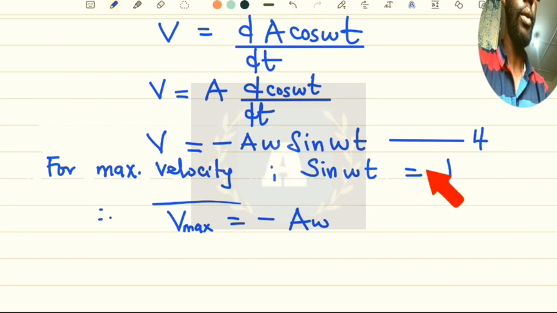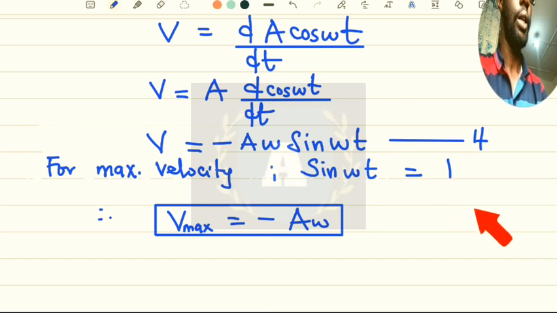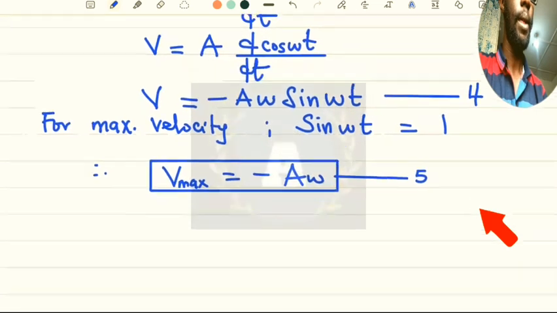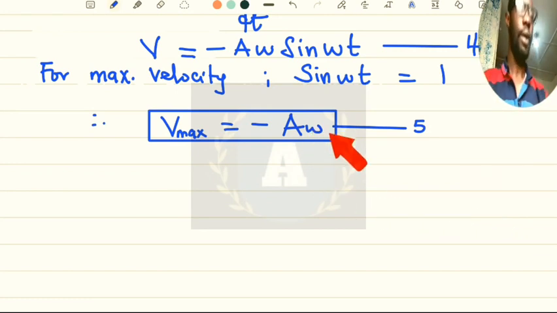So this equation is also very relevant. You can pause your video and digest this so that you can assimilate better. That is the equation to calculate the maximum velocity: the negative of amplitude multiplied by the angular frequency.